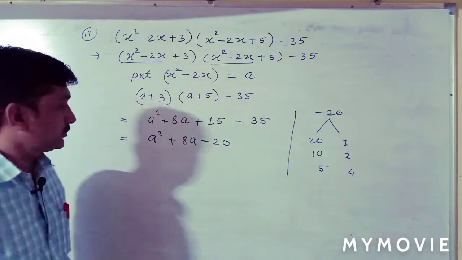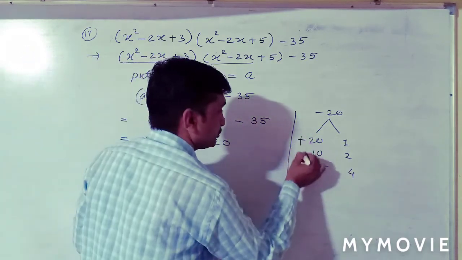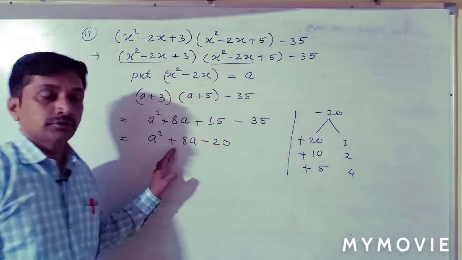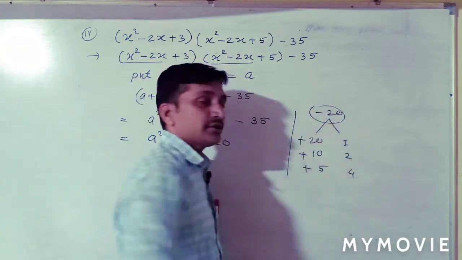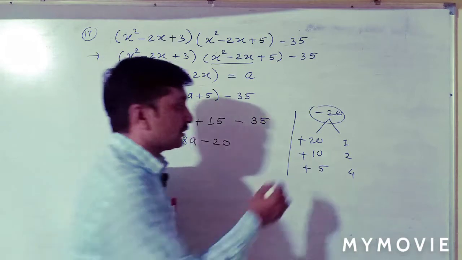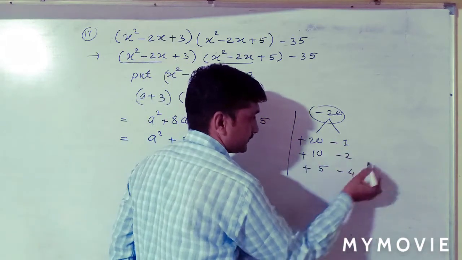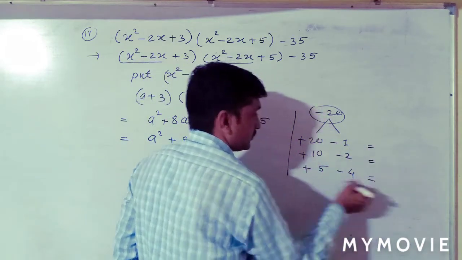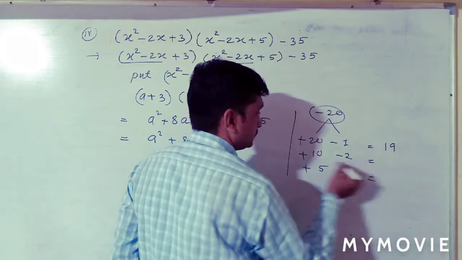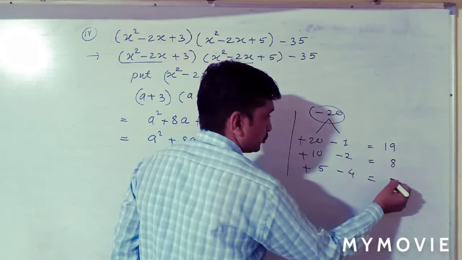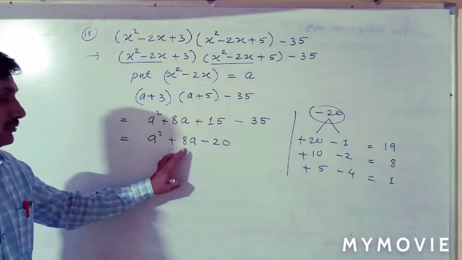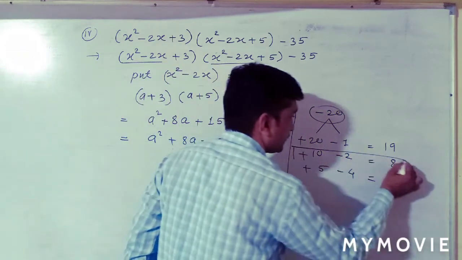These are the pairs. Middle term sign plus goes to the bigger. The product is negative, so if the product is negative, then the opposite of this here. Let's see the subtraction. 19, here 8, here 1. What is our middle? 8. This is the correct pair.